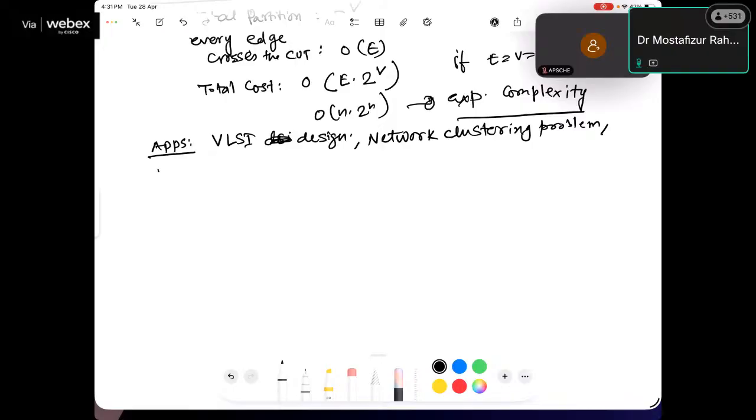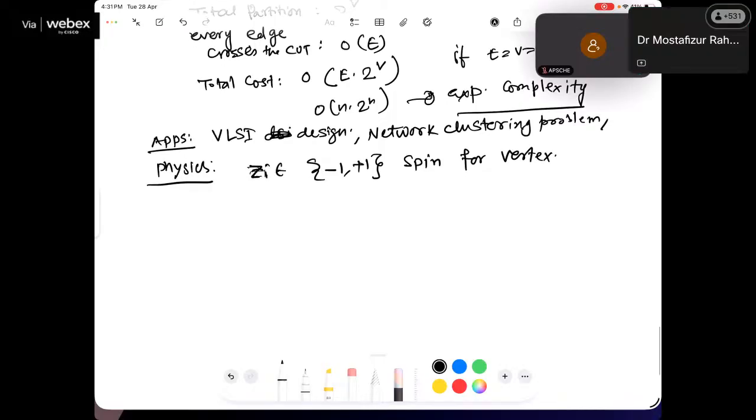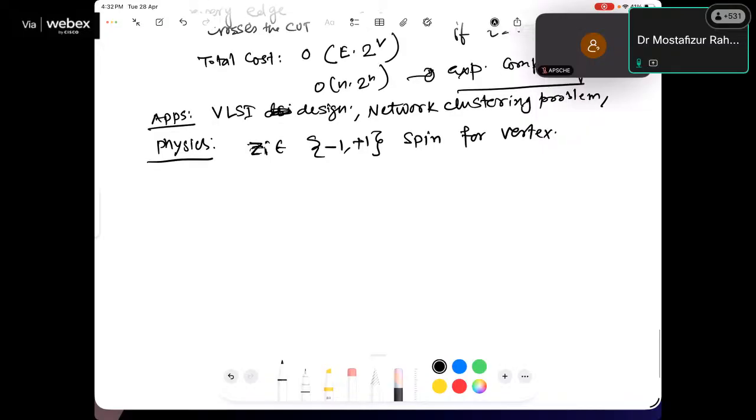Now let's take an example from the physics side. Suppose your variables are spins that can take values of -1 and +1. Basically, say +1 spin or -1 spin, or plus half spin or minus half spin. That's up to you. Now we assign spin numbers to the vertices. Now we write a particular cost function in this way: 1 minus gi gj, divided by 2.